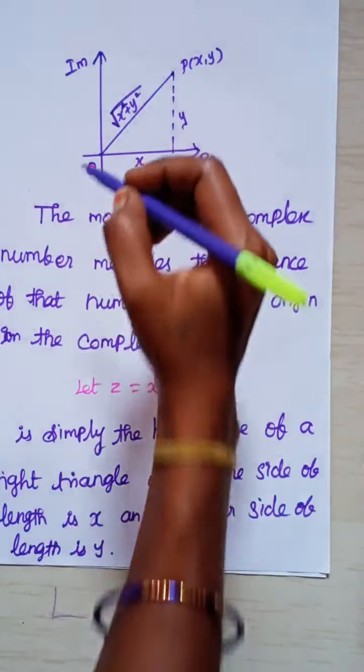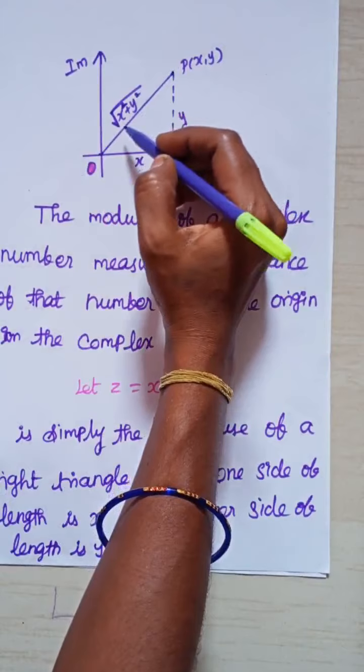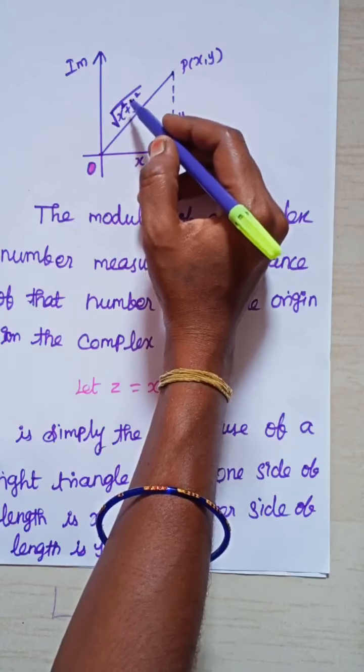What is modulus? The distance from the origin to the point is called a modulus.